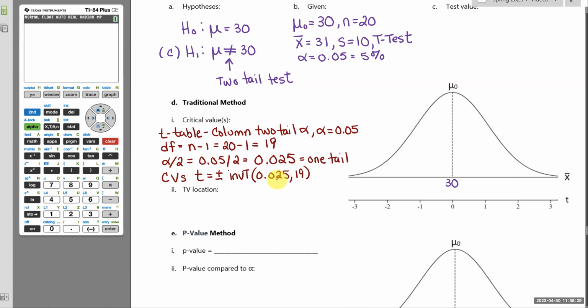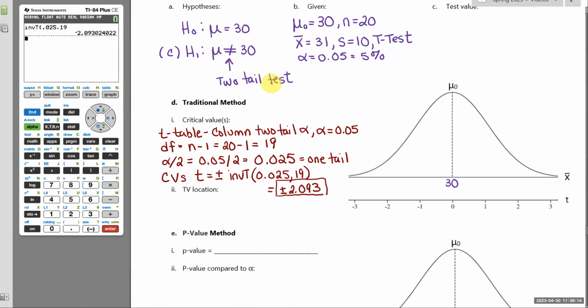So inverse t, 0.025, 19. That's giving us the negative, but again, it's going to be plus minus, and that will be negative 2.093. So plus or minus 2.093. On the table, you'll just see 2.093, and you have to remember to put the plus minus in for the two-tail test.